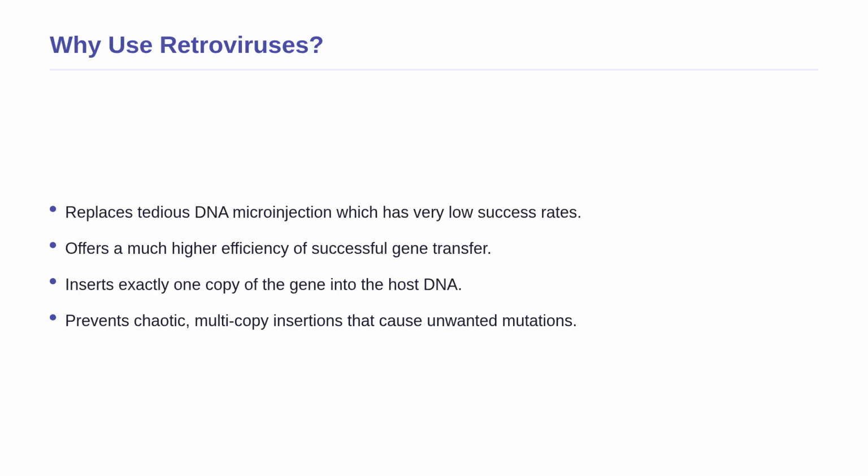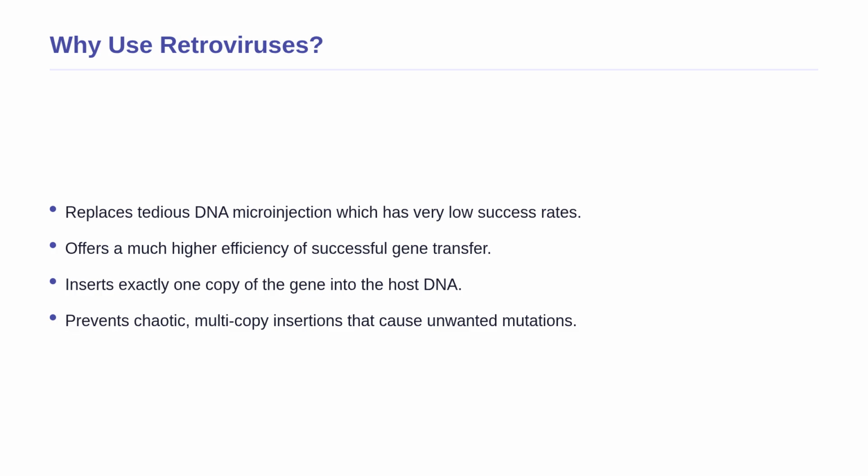Building on that biological mechanism, you might wonder why we prefer this over older techniques. Before retroviral vectors, scientists relied heavily on DNA microinjection, which is incredibly tedious and often results in very low success rates. The retroviral method is a massive upgrade because it offers a much higher efficiency of gene transfer.